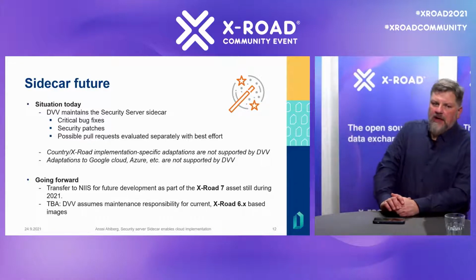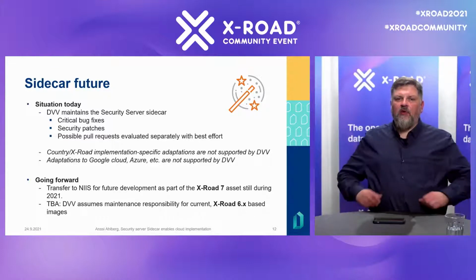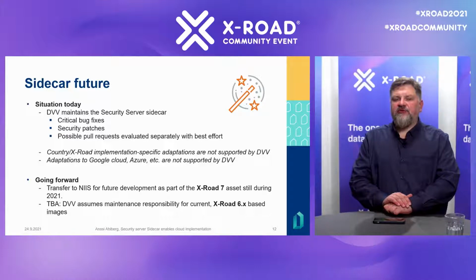Going forward, we are already in discussions together with NIS for handing over the security server Sidecar for future development as part of the X-Road 7 asset. This handover will happen already during this year so that NIS can then release an updated version of the security server Sidecar as part of the X-Road 7 asset.